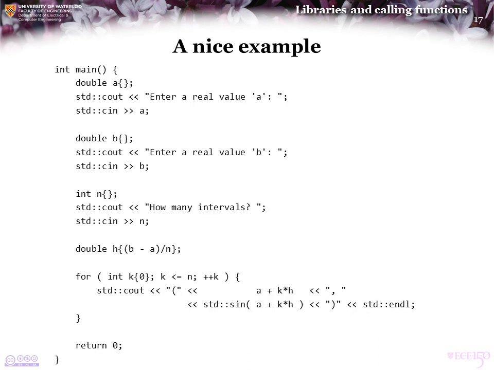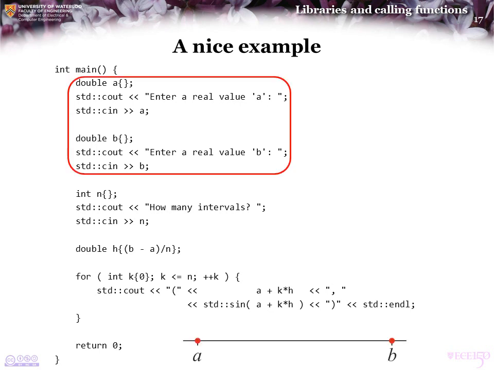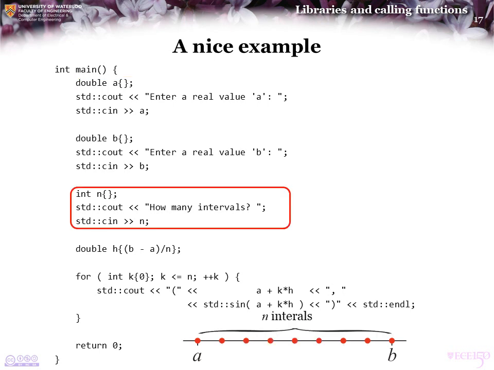Okay, here is a nice program that combines some of the ideas that we've already looked at, either in this topic or previous topics. First, we ask the user to enter two values, a and b, which we will assume define the endpoints of an interval. We will then ask the user, how many subintervals do you want?